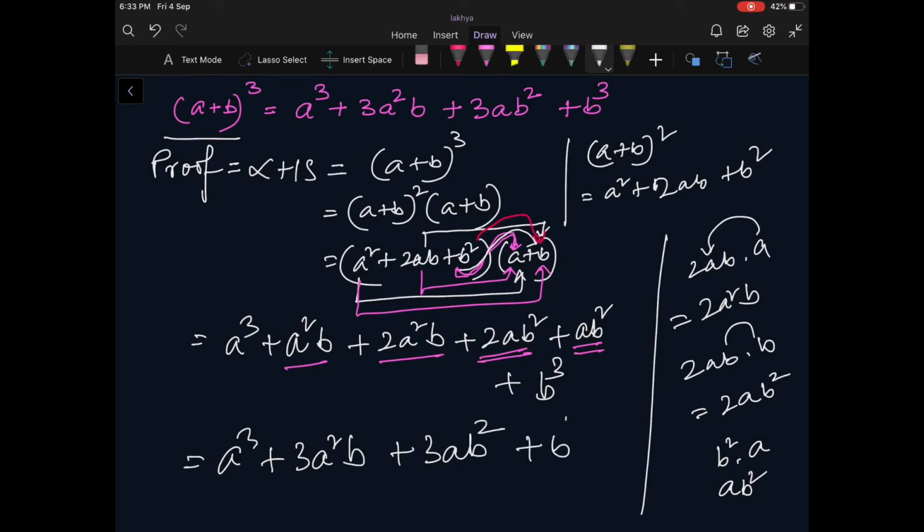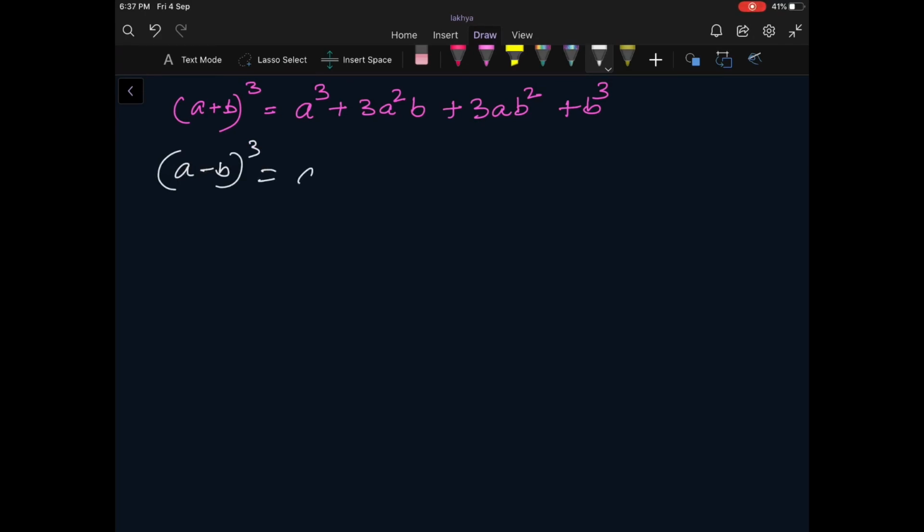Then at the end there is b cube. So this is the right hand side of this identity, RHS. That's how we can prove this identity. Okay, our next identity is a minus b whole cube, that is equal to a cube minus thrice a square b plus thrice ab square minus b cube.